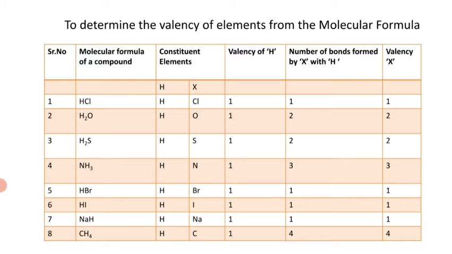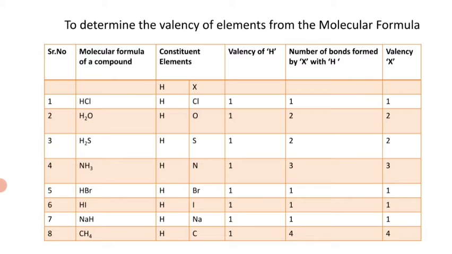In H2O, valency of hydrogen is 1 and oxygen is 2. In H2S, valency of hydrogen is 1 and sulfur is 2. In NH3, hydrogen has valency 1 and nitrogen has valency 3.